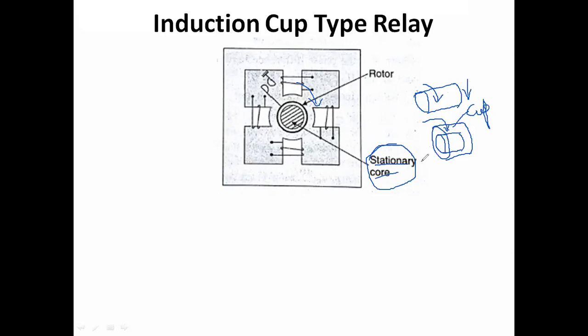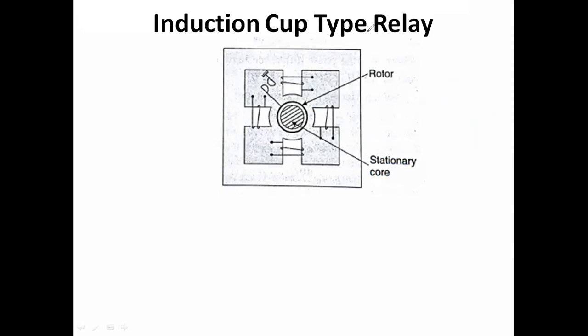So actually it is managing the air gap. Just like your induction motor, you are creating a rotating magnetic field, and when rated current flows through the operating coil, nothing will change. But when a high value of fault current passes through the operating coil, this induction cup will rotate.